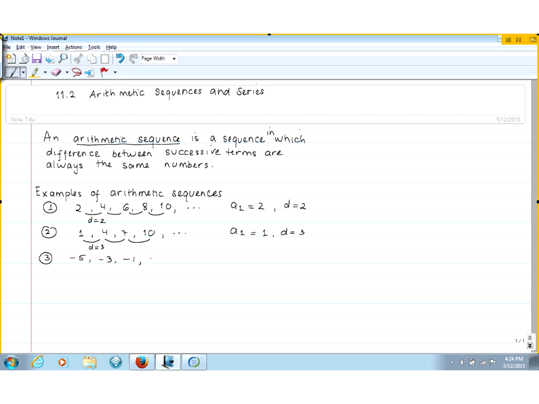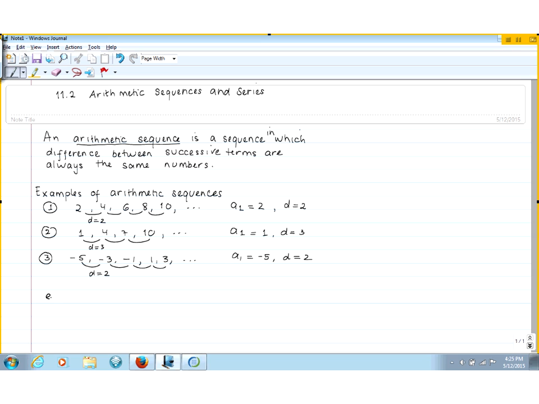Or you could have something like -5, -3, -1, 1, 3, etc. The first term is -5. The difference between each of these terms is 2. So these are examples of arithmetic sequences.